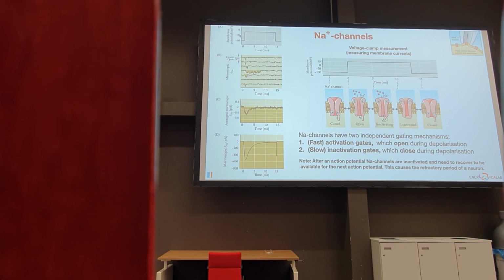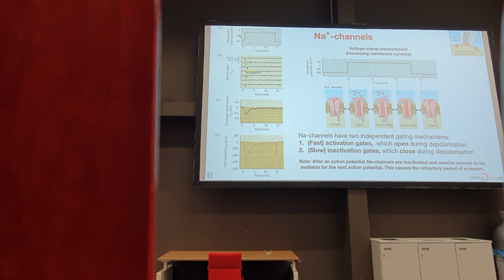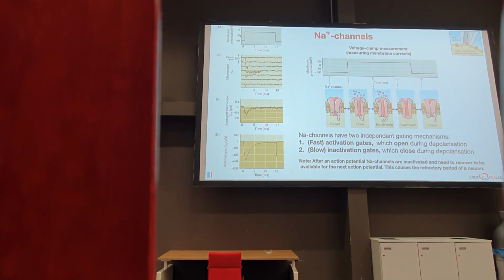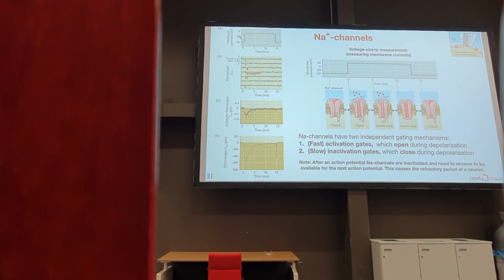And then you start to see a kind of feedback loop, right? These channels are sensitive to voltage. Because of opening, they will change the permeability. That will also affect the membrane potential, and that will depolarize the cell even more and therefore activate more of these channels. So you get this positive feedback. And that's actually the mechanism behind the action potential.